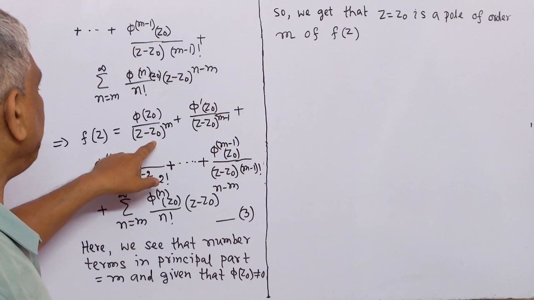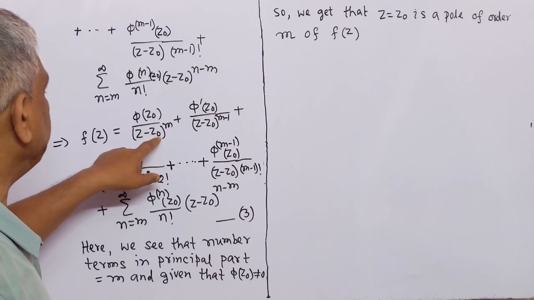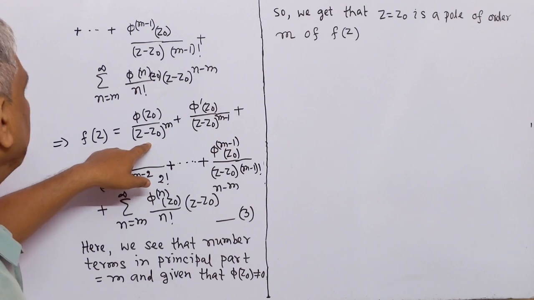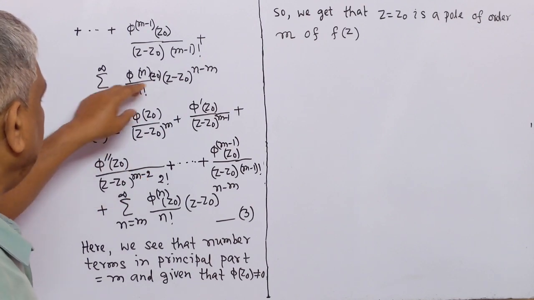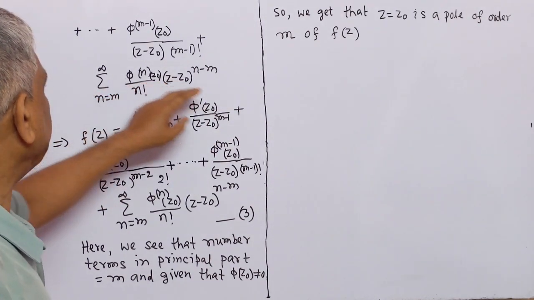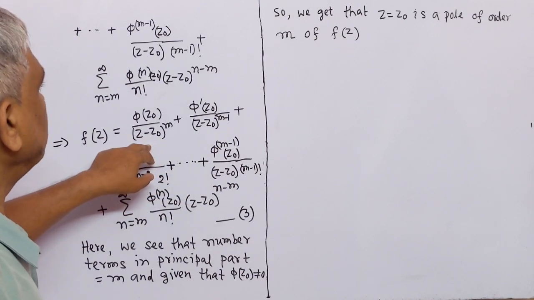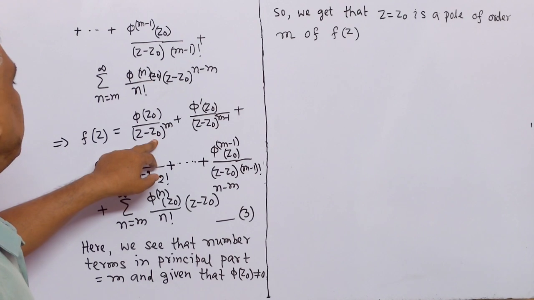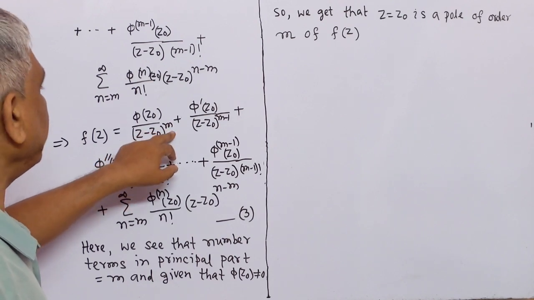This is the highest power of (z minus z naught) in the denominator, and this part is the principal part. So z equal to z naught is a pole of order m.